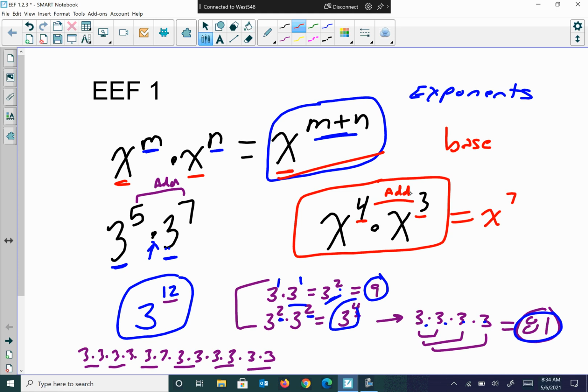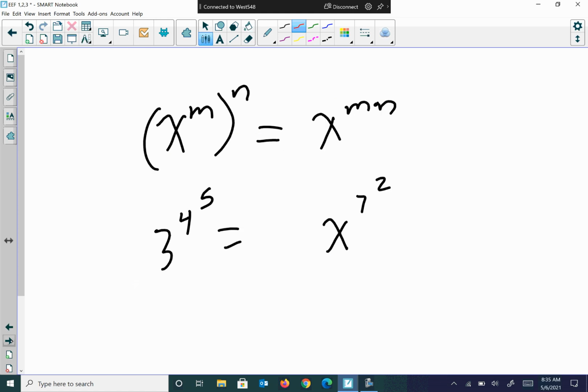Okay? So if I have the same bases, and those bases are being multiplied, and those bases are raised to an exponent, we count the exponents up. As I said, exponents are like bunnies. Bunnies are our bases. How many bunnies do we have in the yard? We count them up. This is a power to a power.